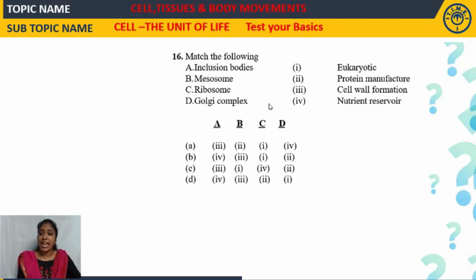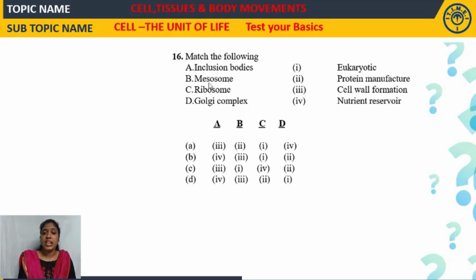They are mere invaginations, infoldings of what? Cell membrane. What is their function? Their function is cell wall formation, and they also increase the surface area for respiration to take place. That we have already studied. So A will match with 4, B with 3.